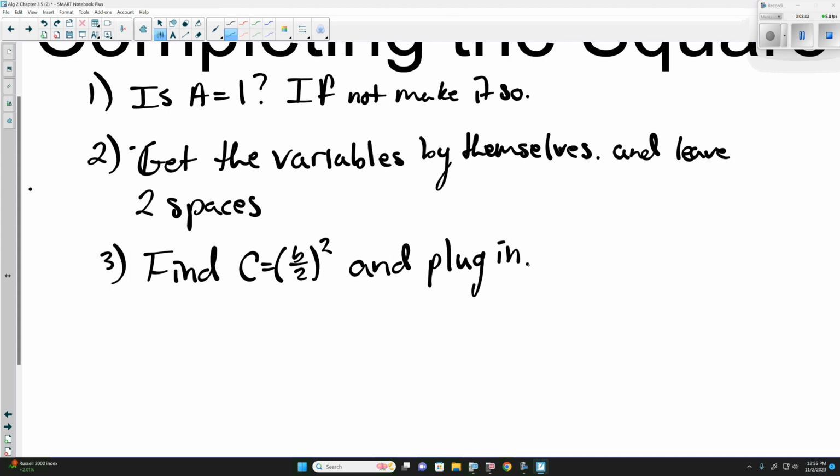Third, find c, b over 2 squared, and plug it in. Fourth, factor and solve. So these here are the 4 main steps that we need to do to solve by completing the square.